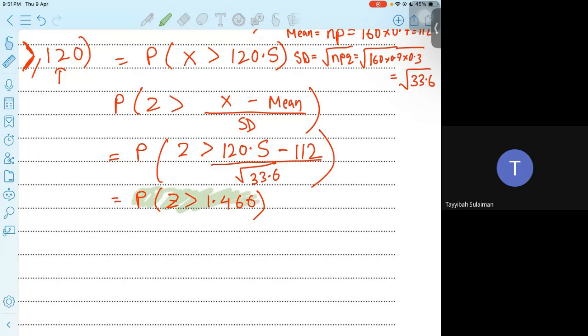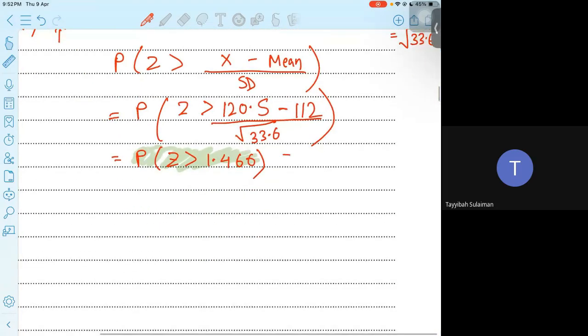When Z is greater than a value, do you know the formula for this? Can any of you show thumbs up, or do you have any questions?